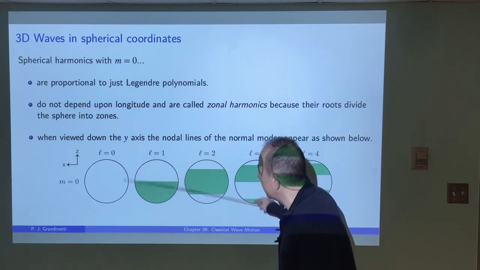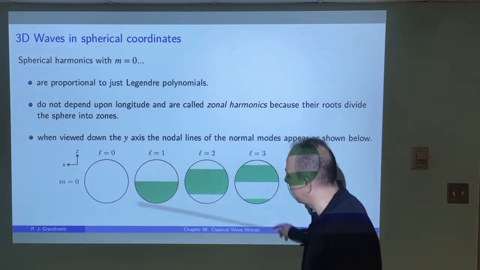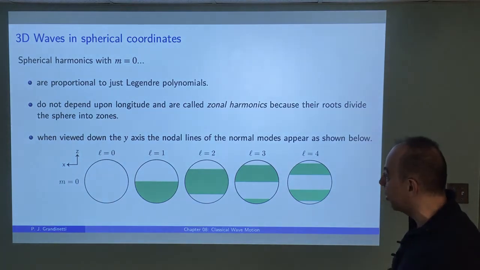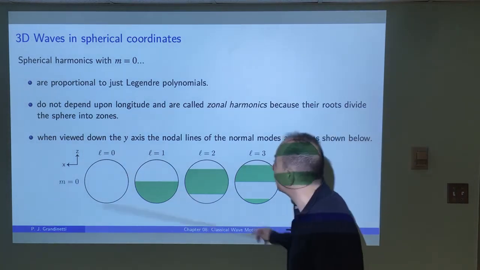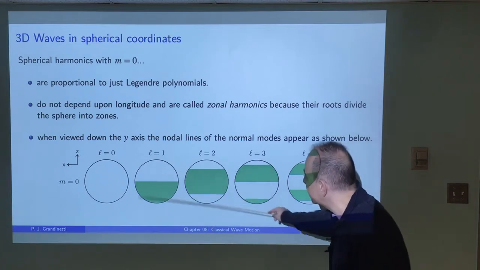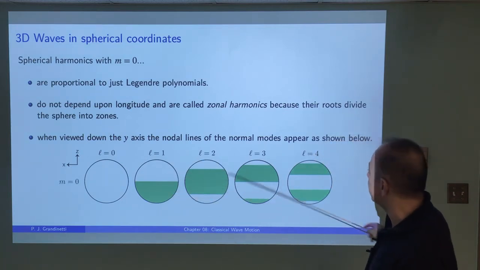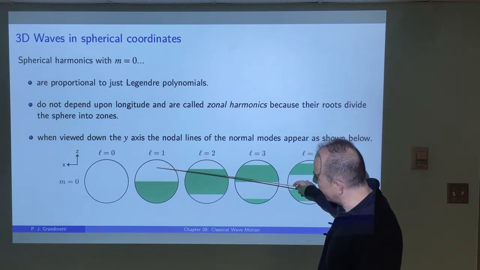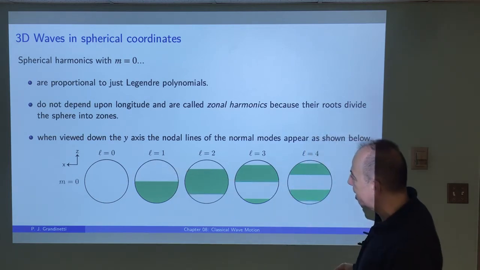So here you see this is the L equals 0, m equals 0. So this is a wave function where all of the wave function has the same sign all the way around the sphere for the spherical harmonic part. And then this is the L equals 1 where now it divides the wave function into zones. So the top hemisphere has one sign, the bottom hemisphere has another sign.